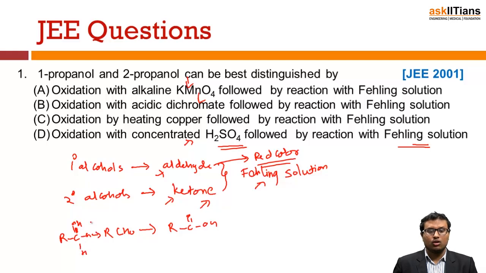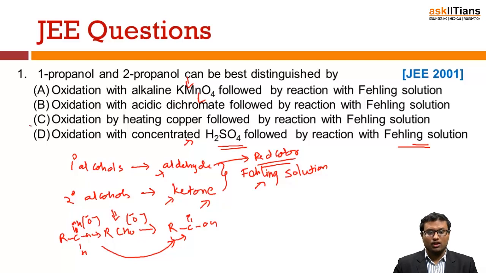You know that alcohol on oxidation gives aldehyde, and aldehyde on oxidation gives acid. But once you use KMnO4 or dichromate or concentrated H2SO4, you will directly get acids, right? Because even though you get an aldehyde, it further converts into acid.